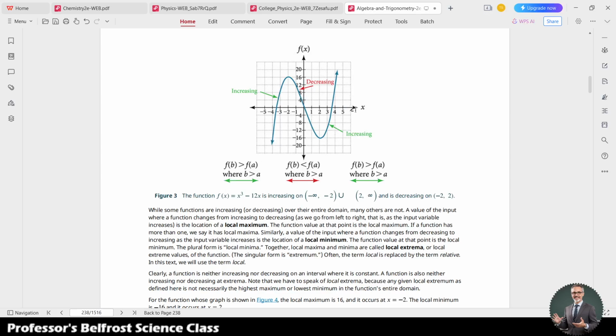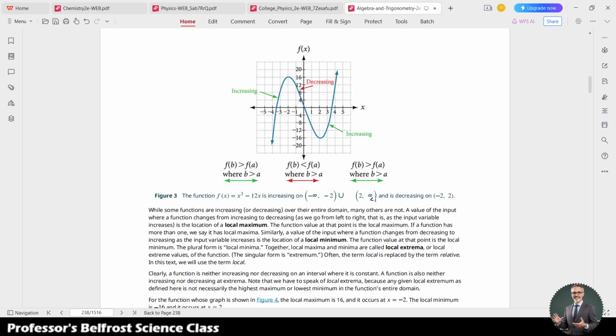What you can see is that this graph is increasing on the range of minus infinity to minus 2 and 2 to infinity, and it is decreasing on the domain of minus 2 to 2.